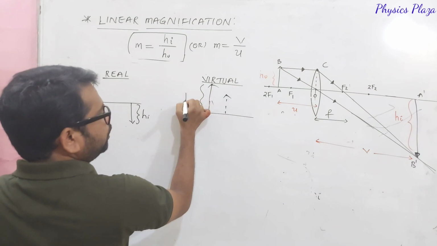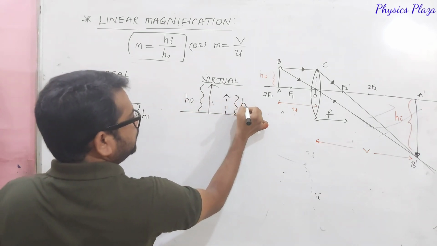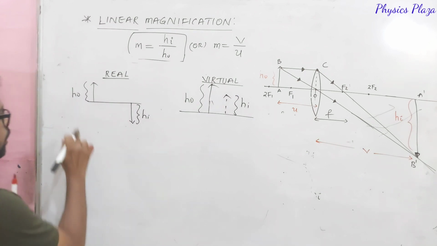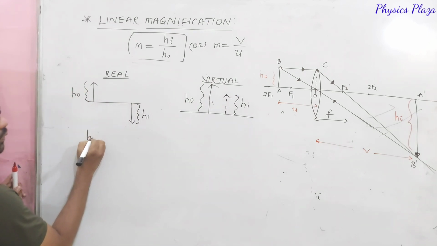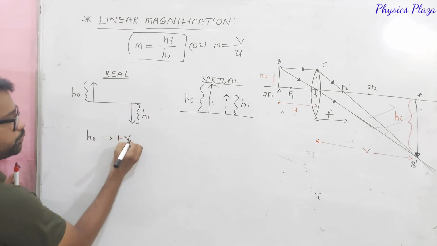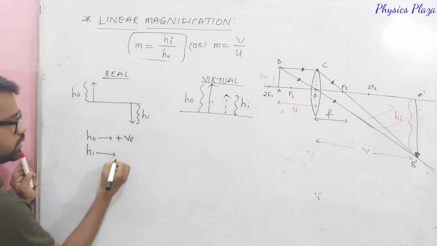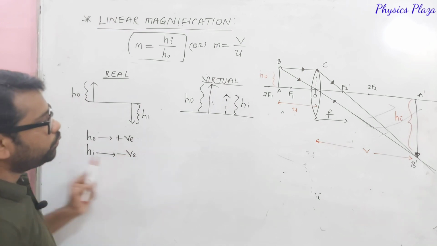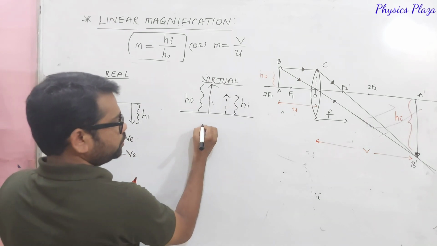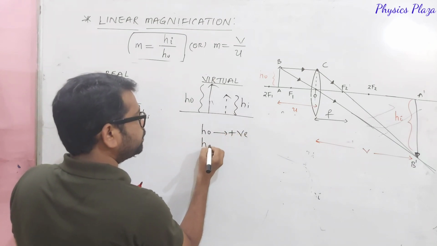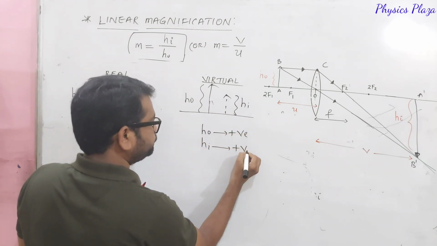According to sign convention, the object height is above the principal axis, so it is positive. The image height for a real image is found below the principal axis, so it is negative. For the virtual image case, both are positive, because the image is also formed above the principal axis.